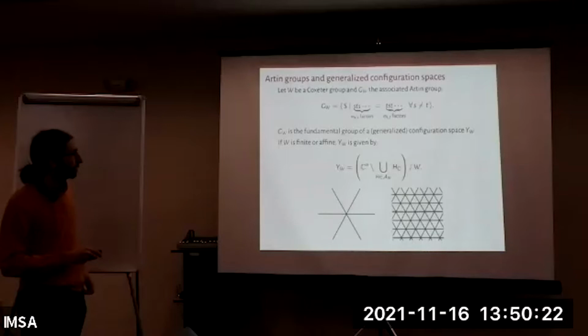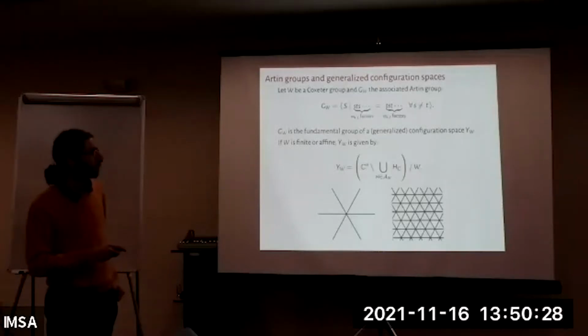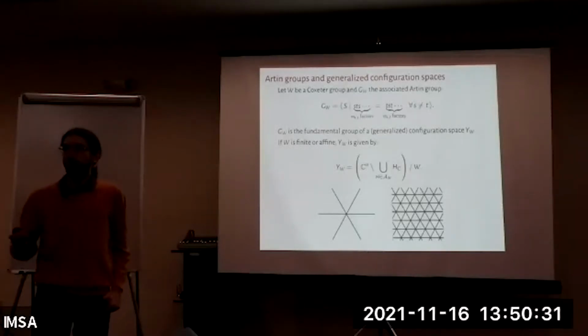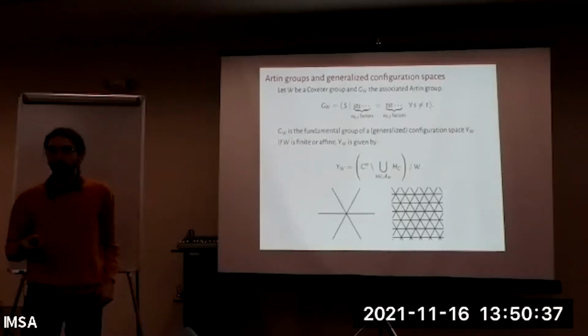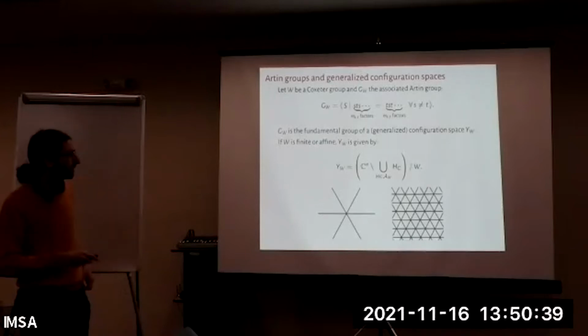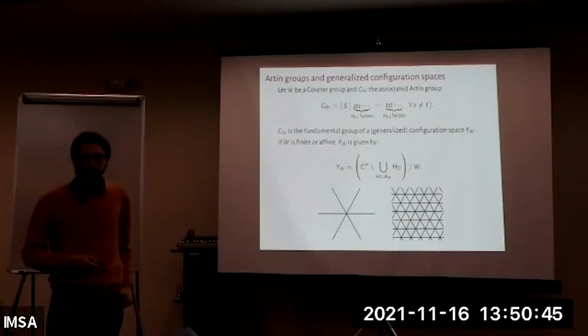And we have this generalized configuration space, which we denote by Y_W, which can be defined for any Coxeter group W, but it is easier to do it if W is a reflection group. And in this case, we have this expression here for this configuration space.